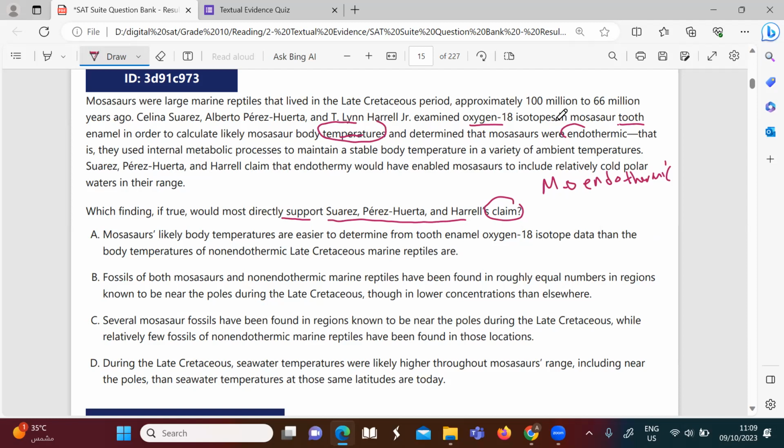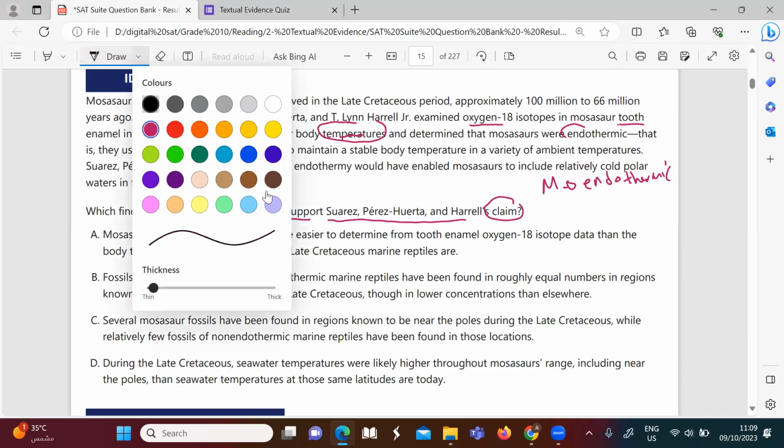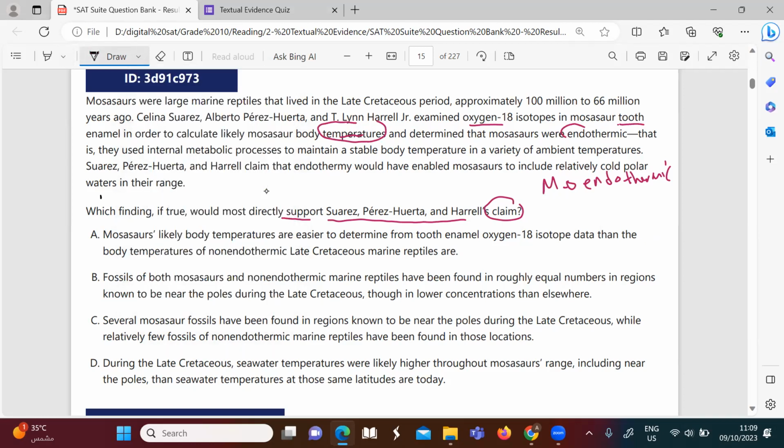So they were endothermic. Now let's focus on the claim. This is the claim. This is the one I need to stick to. Endothermy enabled them to tolerate cold polar waters in their range.